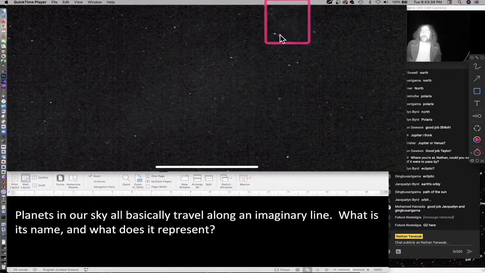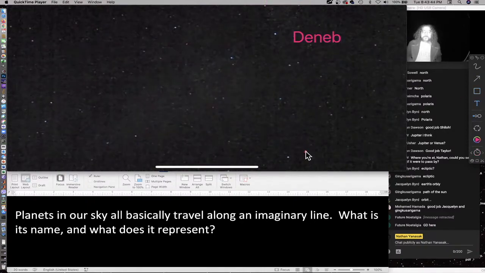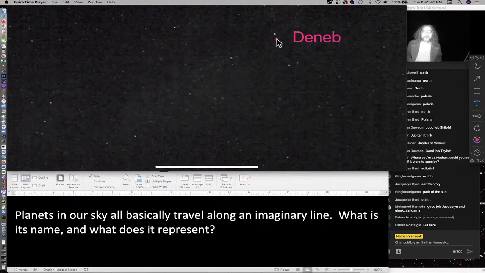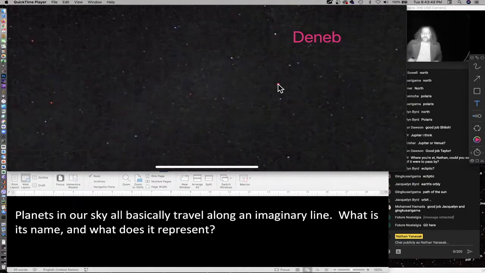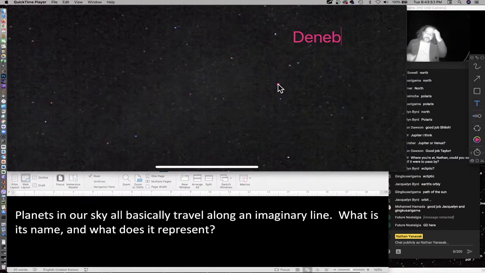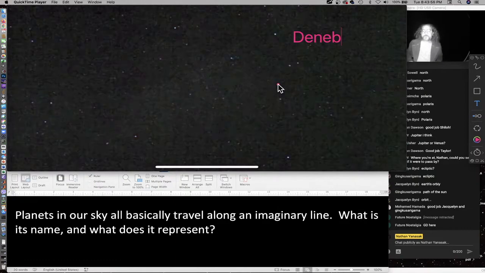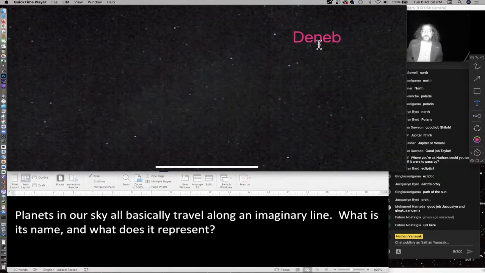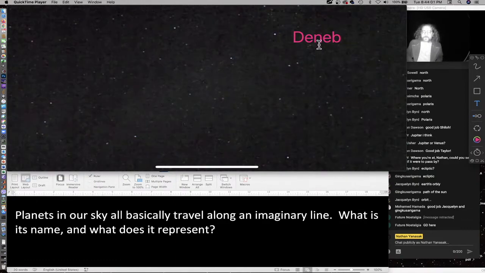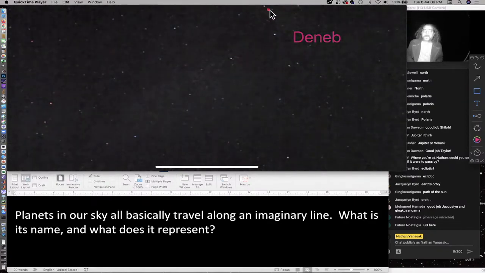This star right here is known as Deneb. Okay? And it's a super bright star. It's a ginormous star. It's going to have a really bad day one of these days and explode because it's super, super giant, super hot.